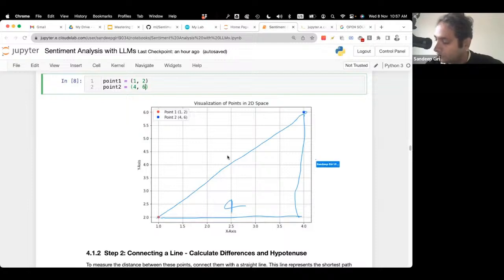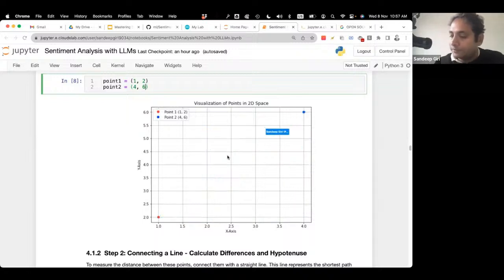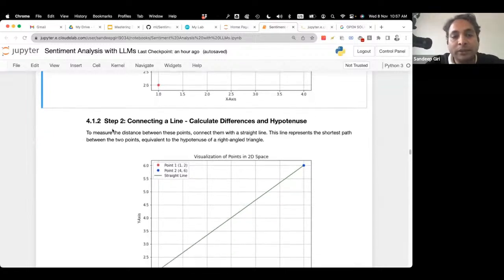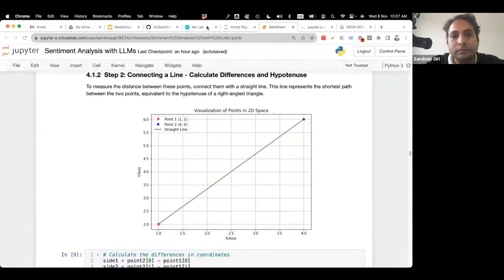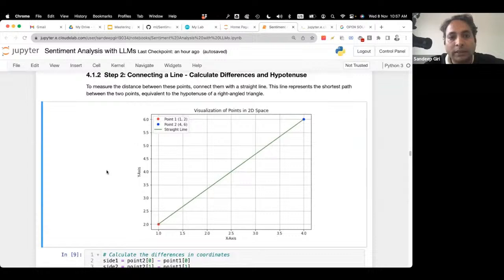So this is going to be 3 square plus 4 square, right? The square root of 25, which is 5. Okay. So I hope everybody is clear about it.